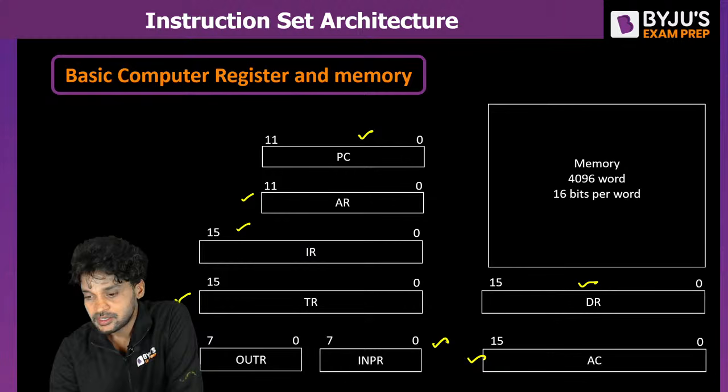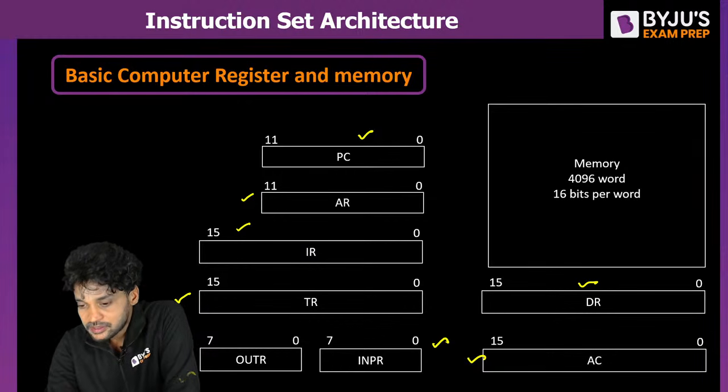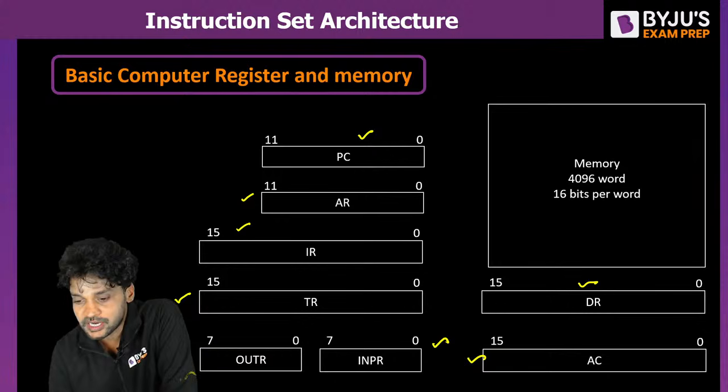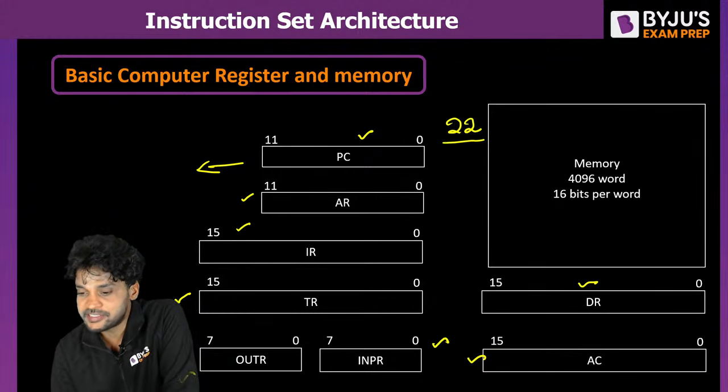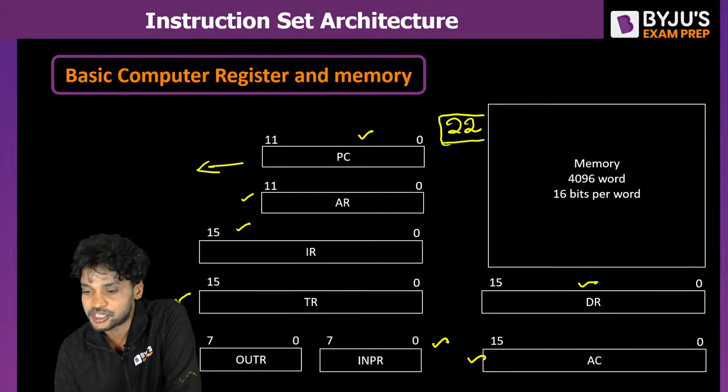Again, let me brief you about the purpose of each and every register very clearly. The program counter will hold the address of the next instruction. If the CPU is currently executing the 22nd instruction, the program counter will hold the address of the next instruction, that is 23.